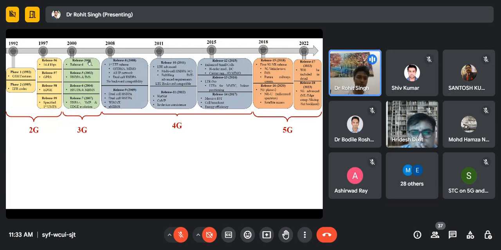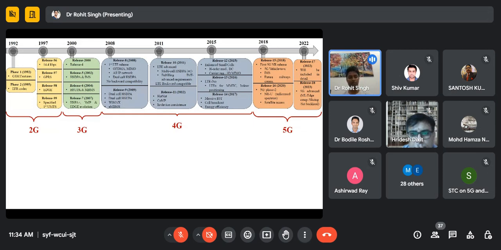Release 4 to release 7 list the aspects and standardization details belonging to the third generation communication system. Next, releases 8, 9, 10, 11 up to release 14 cover all the aspects related to the fourth generation communication system. Beyond that, we have releases 15, 16, 17, 18. Those cover all the aspects related to the fifth generation communication system.